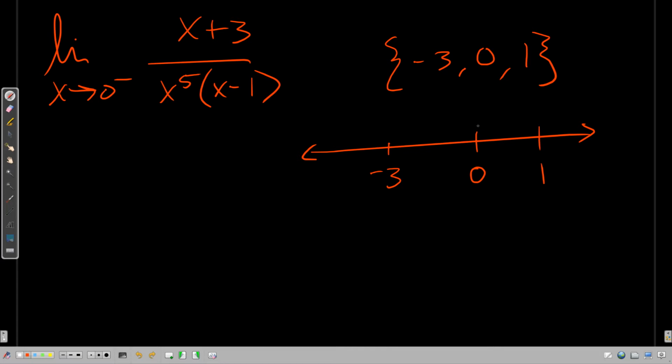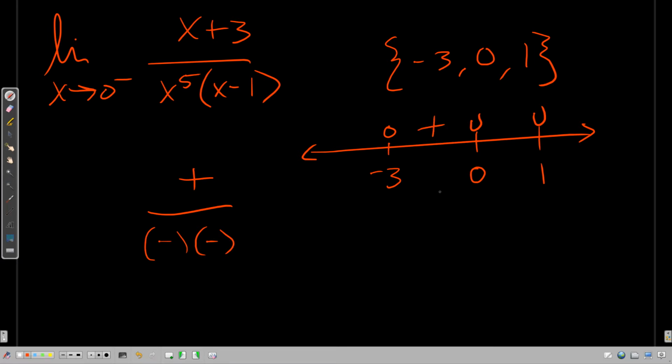A good test point in there to use would be -1. If I put -1 everywhere in for x right here, I would have a positive over a negative times a negative.